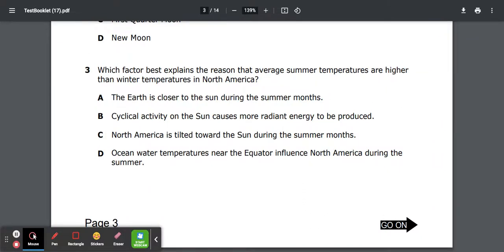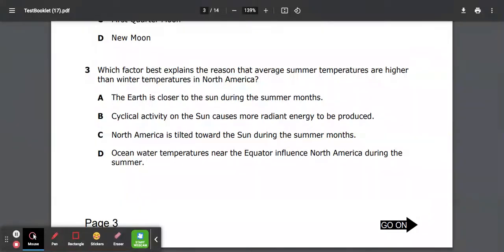Which factor best explains the reason that average summer temperatures are higher than winter temperatures in North America? So I want to know why is summer hotter than winter? So A says the earth is closer to the sun during the summer months. That's not true.